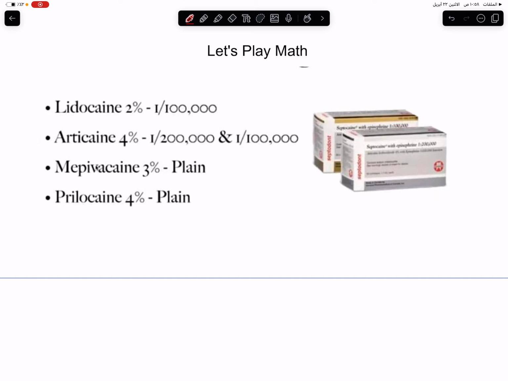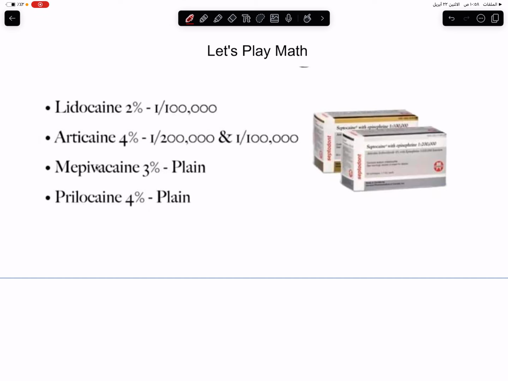Okay, so 1 means how many milligram? 1,000 milligram. So 1,000 divided by 100,000 is 0.01 milligram. If we want to convert it into microgram, what will we do?